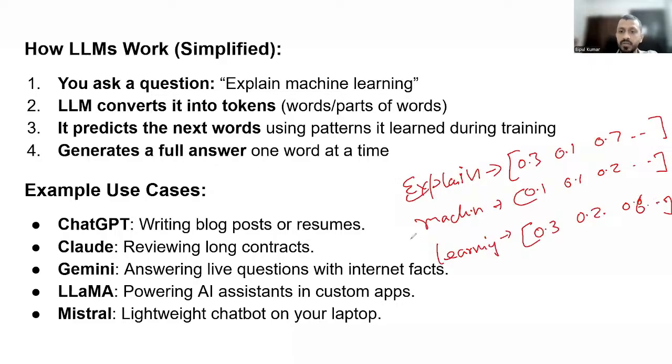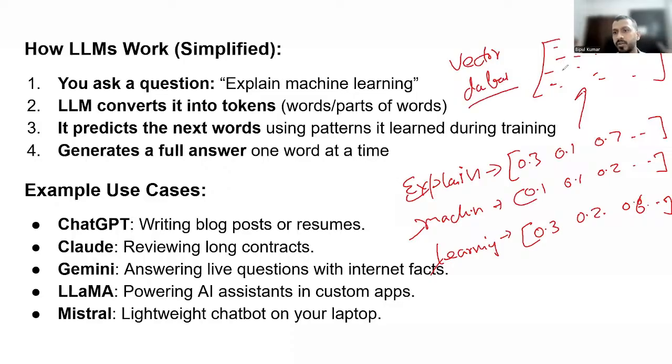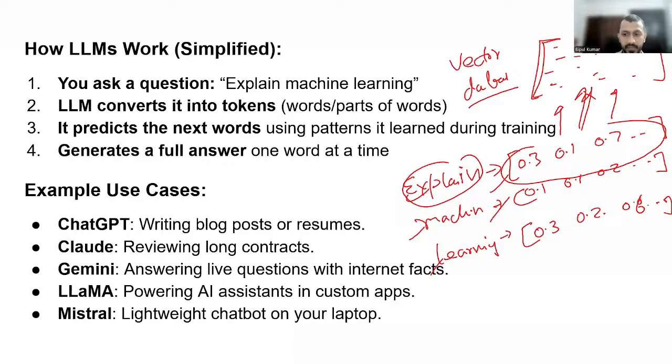Based on this numeric vector, the LLM compares it with the word vector. In the word vector, or you can say vector database, there are thousands of words for which the vector form is already stored. It compares the vector that you are giving in the form of words with the vectors it already has.